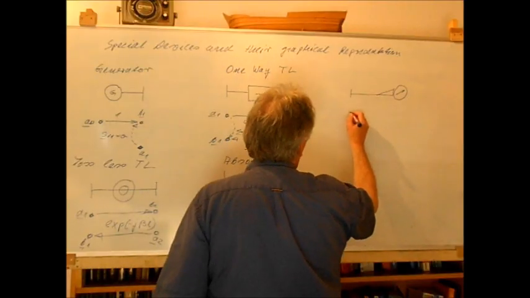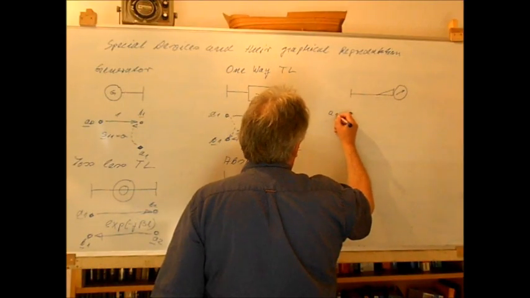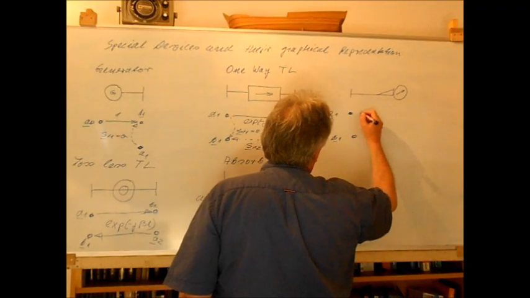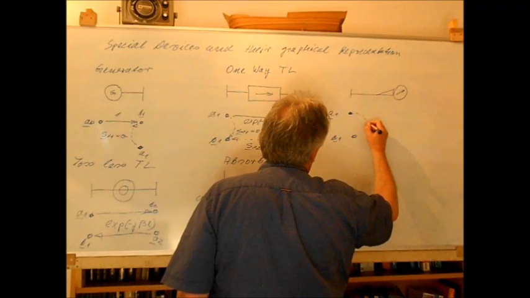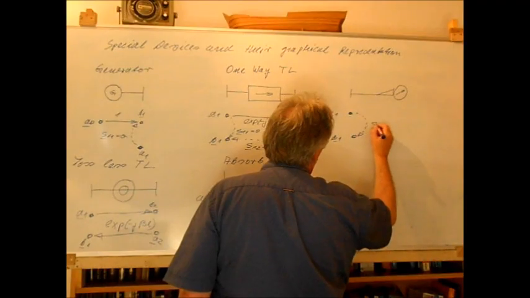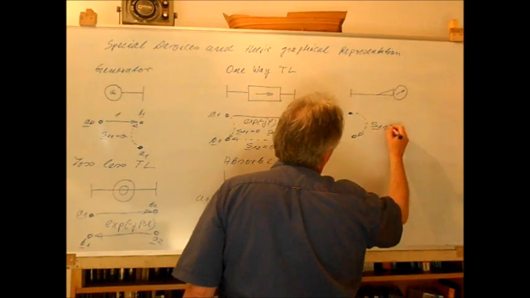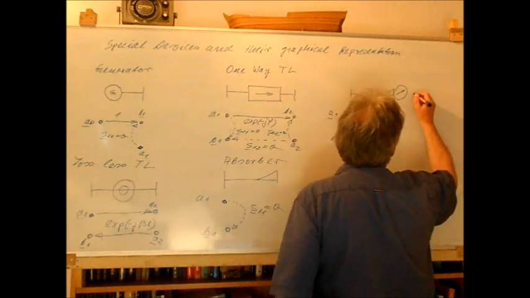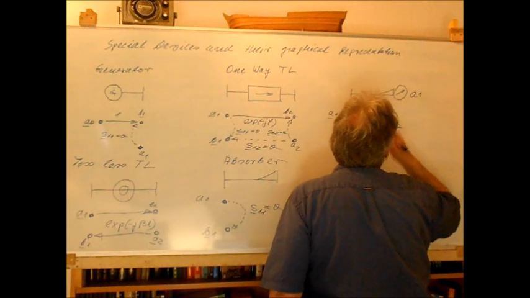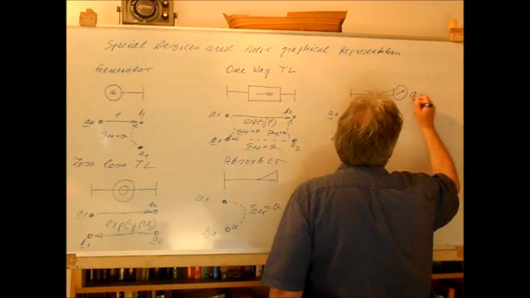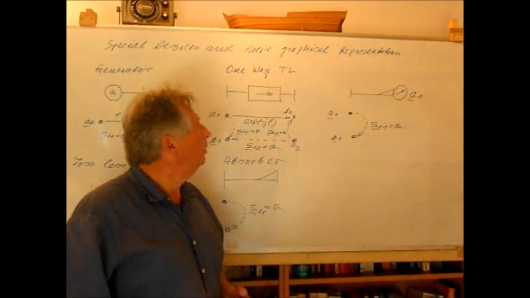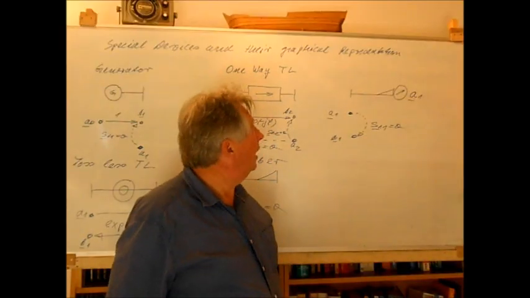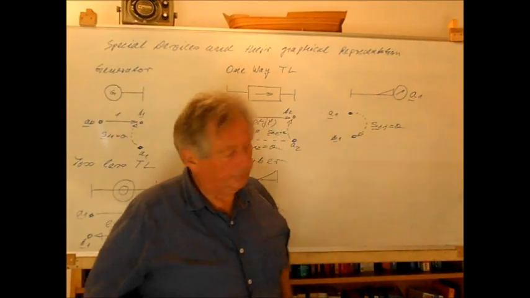For example, here we could say this is A1, B1, and if we have an ideal absorber, of course, then S11 is equal to 0, but I want to assume that this measurement equipment is able to give us the wave amplitude A1 by absolute value and phase.